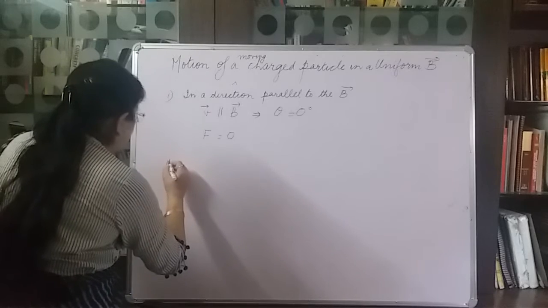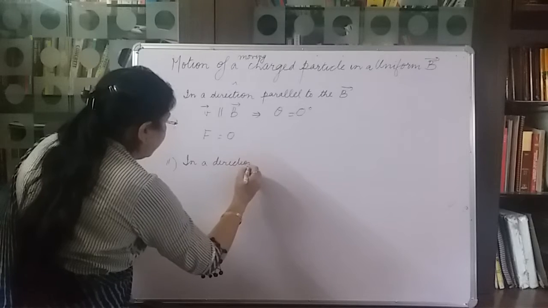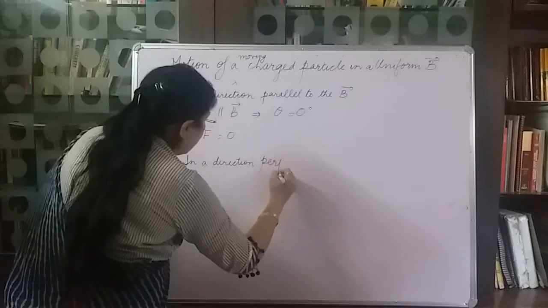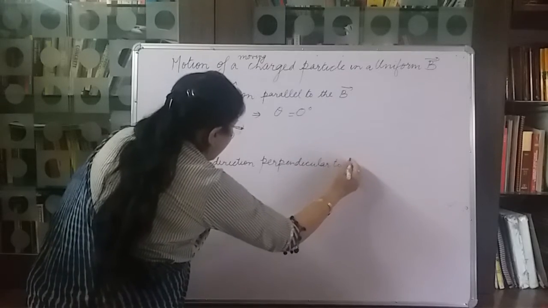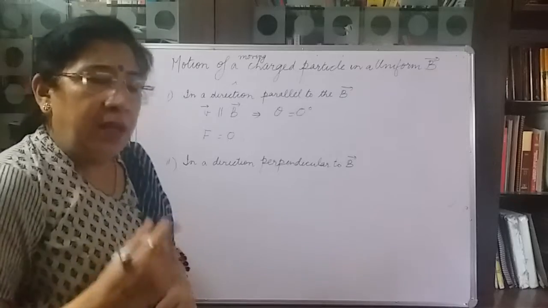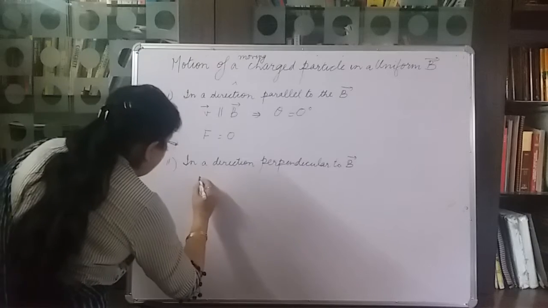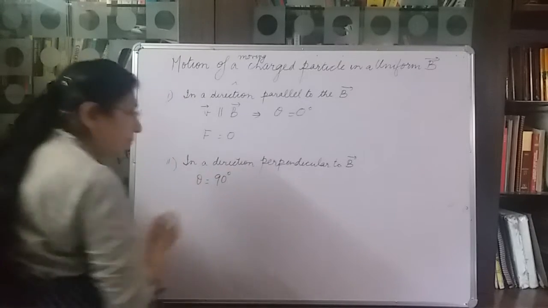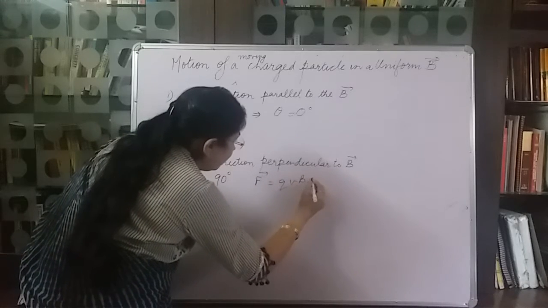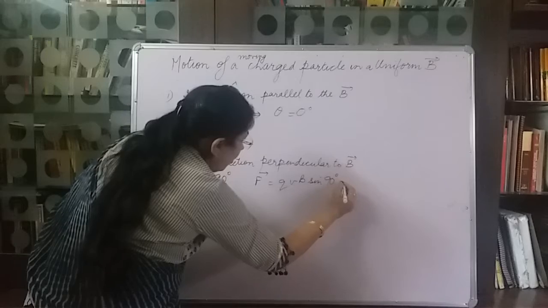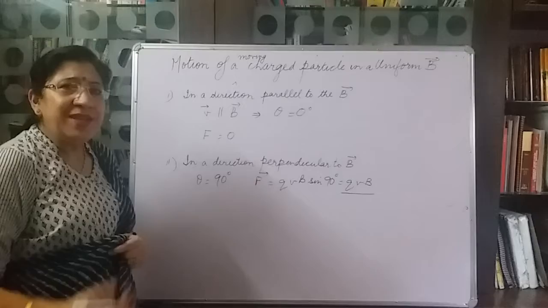Another case, if the charged particle now moves in a direction perpendicular to the magnetic field, in this case theta is 90, and the force will be QVB sin 90 or QVB. What is the direction of the force?